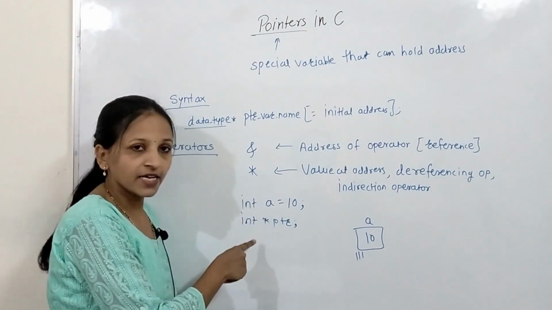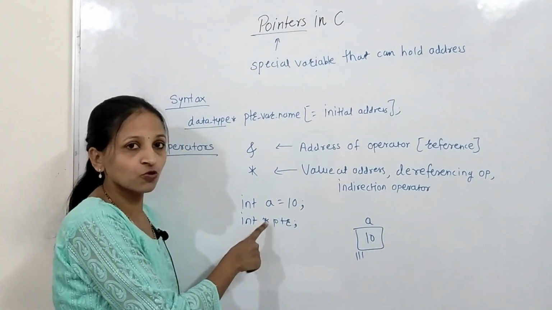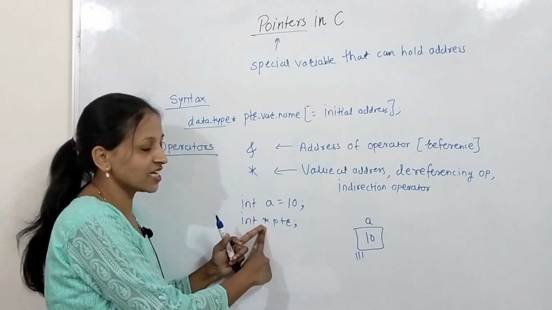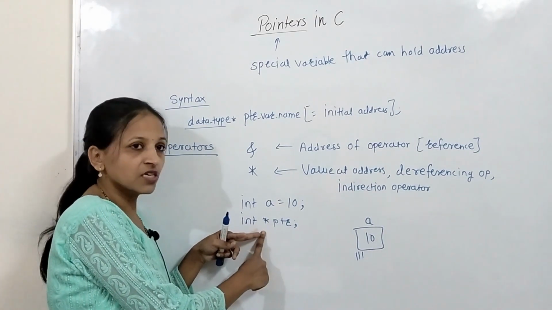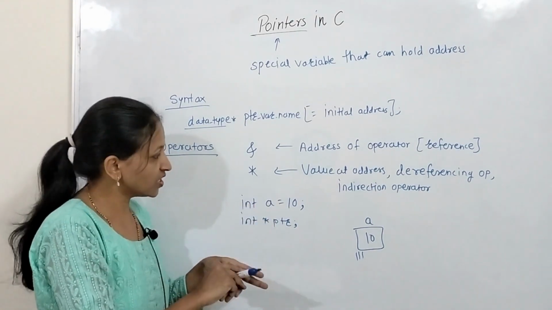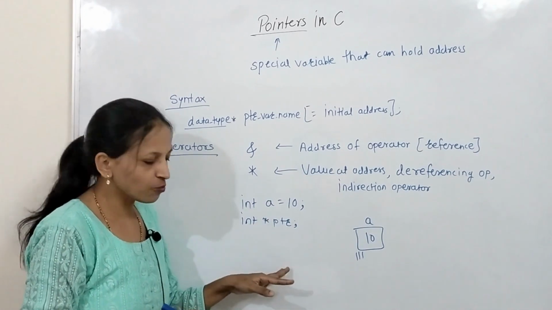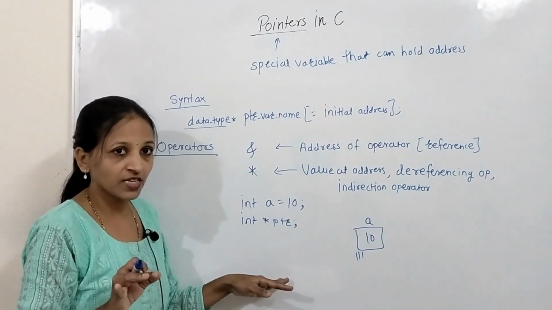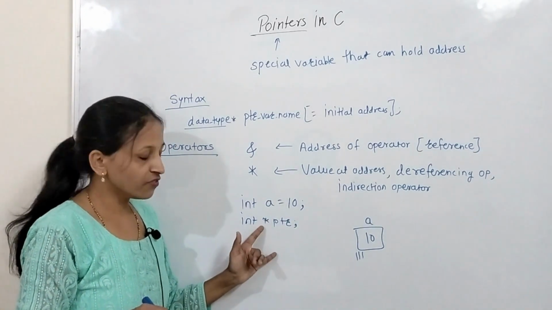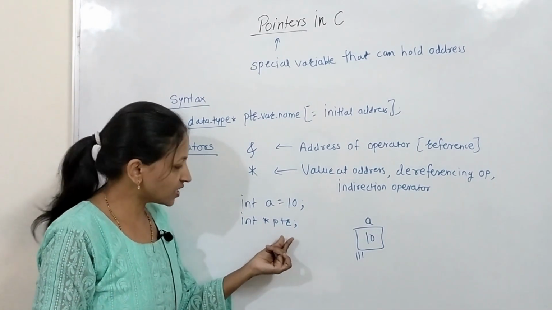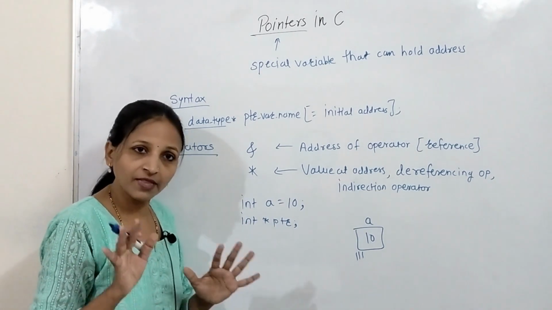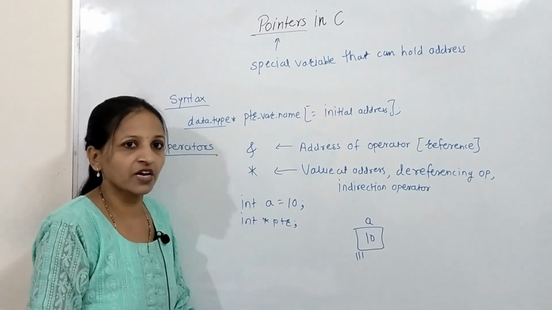This is a declaration. Here the meaning is not dereferencing, don't call it a dereferencing operator. This star we can use here, and one more point is that we can also use the star elsewhere, where the meaning will differ. Here this star represents that ptr is a pointer variable, that's it.